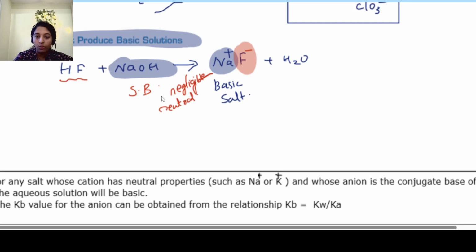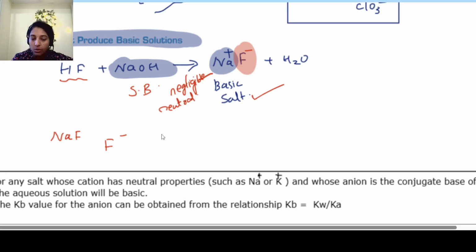Correct? So whenever you want to write the salt equation, or when you are studying titration, you need to write the salt equation, the salt ICE table, the salt dissociation. At that time, from NaF you don't take the whole thing, you can just take F−, because Na+ you don't need to consider, it's just like a spectator or a neutral ion. So how do you write the F− reaction?